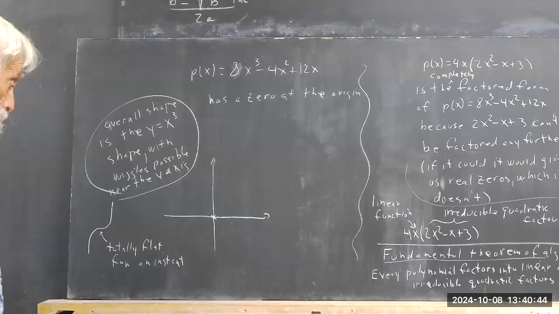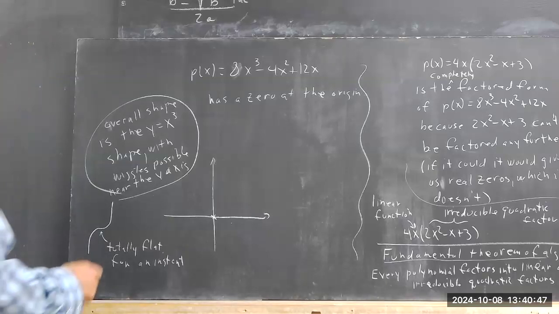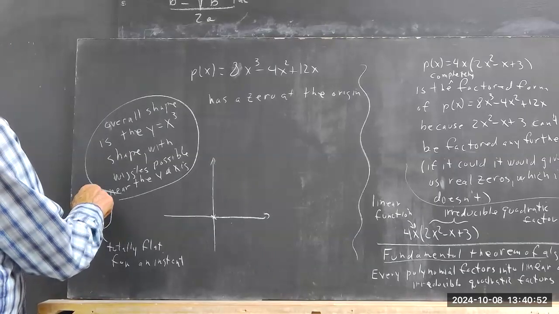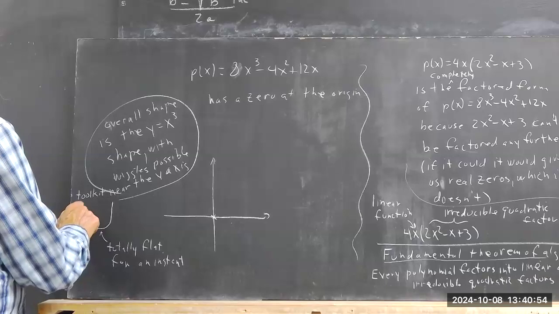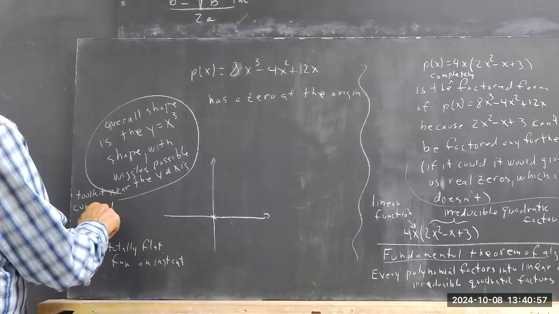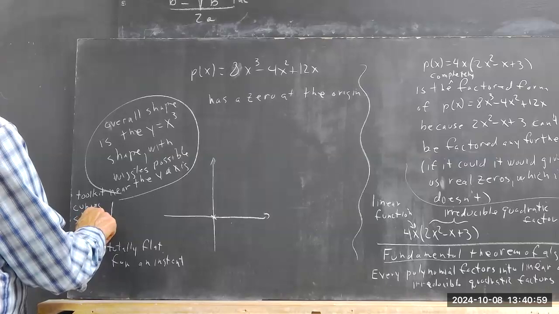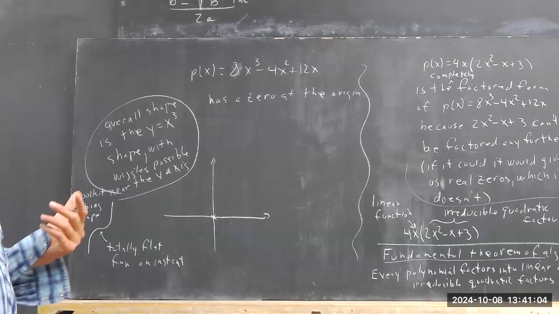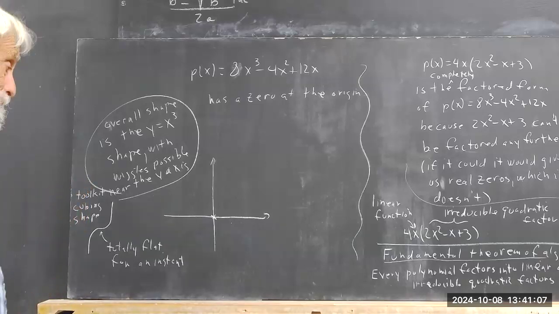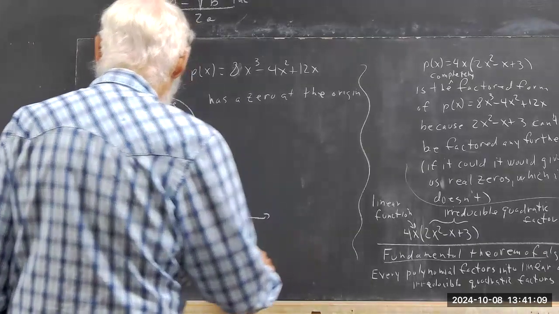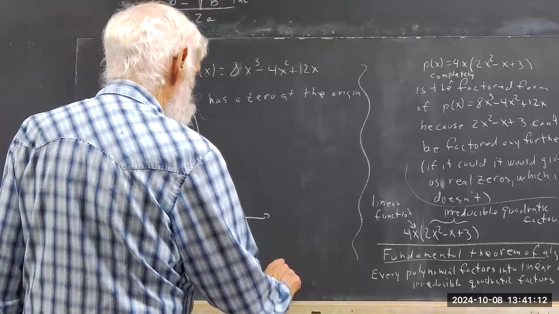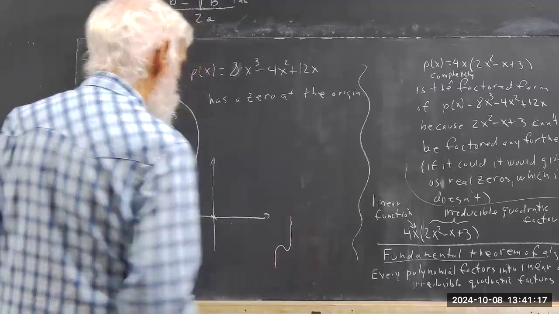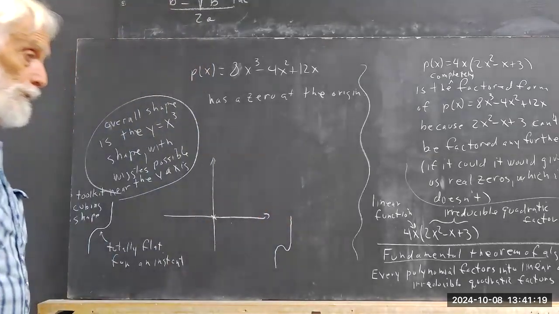Okay. This is the toolkit shape. Okay. The toolkit cubic shape with wiggles. I'll draw it over here. It kind of wiggles up and down like this.